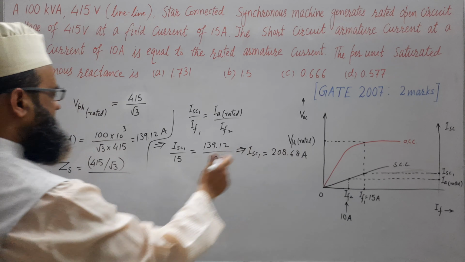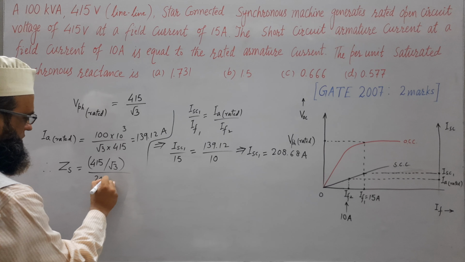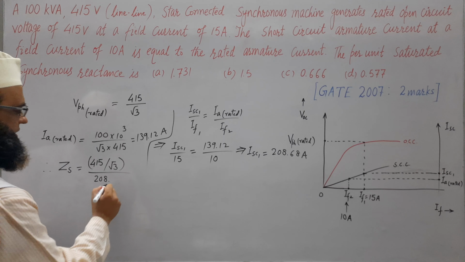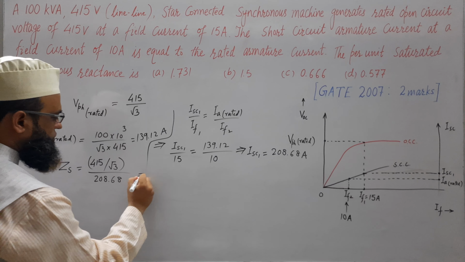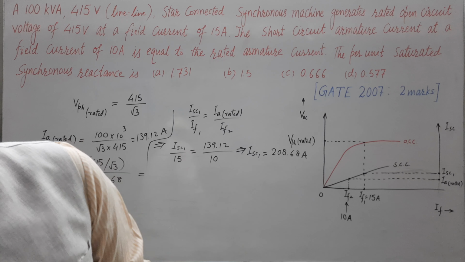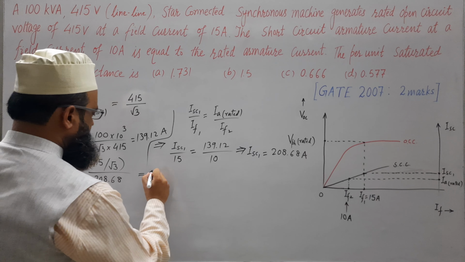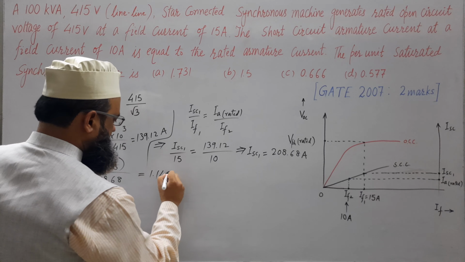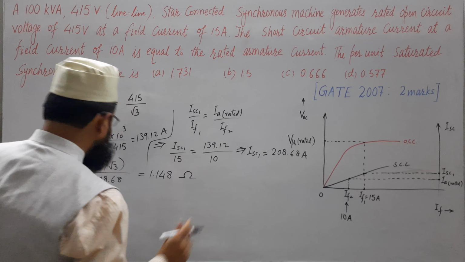ISC1 we have evaluated as 208.68. So this comes out to be 1.148 ohm.